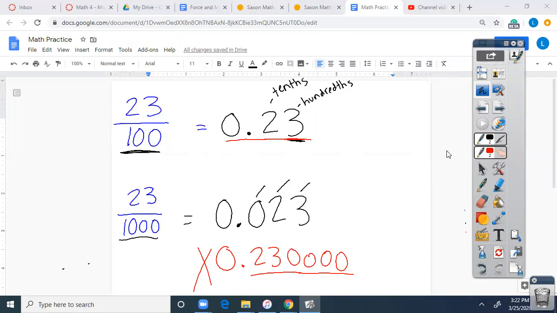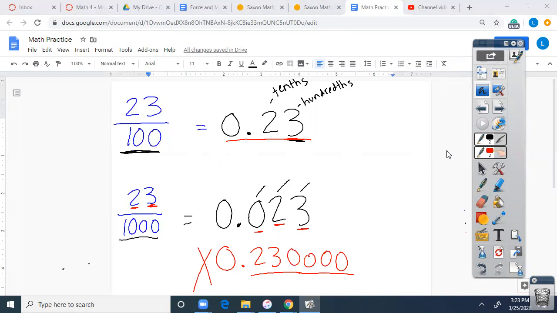Okay, so if we are converting to the thousandths place, the last number, this number right here, needs to be in the thousandths place. And then this number needs to be in the hundredths place, which means you need a filler 0 right there. Okay, because that's your tenths place.